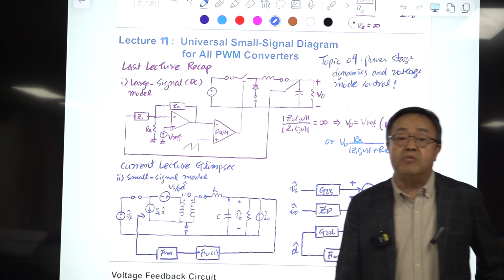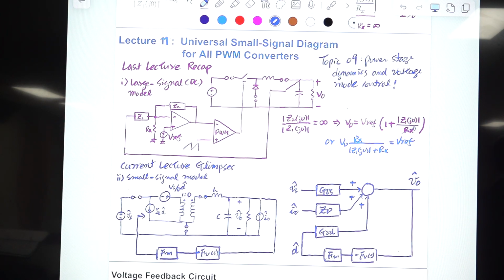So the PWM converter is an inherently non-minimum phase system, which is considered a special case in the conventional control textbook. But the unconventional thing is the conventional thing in power electronics.